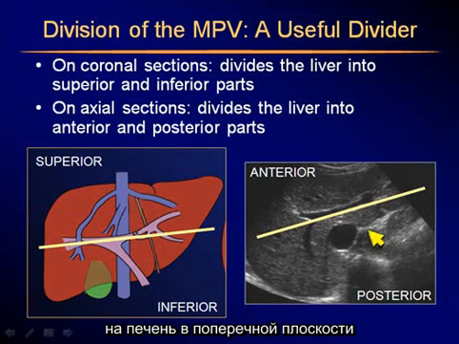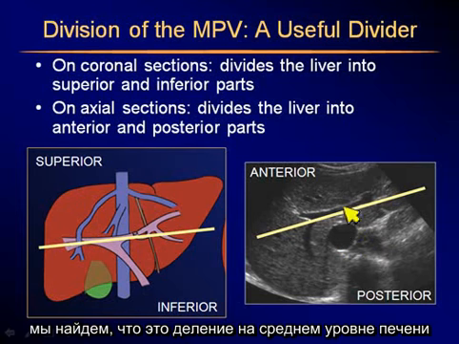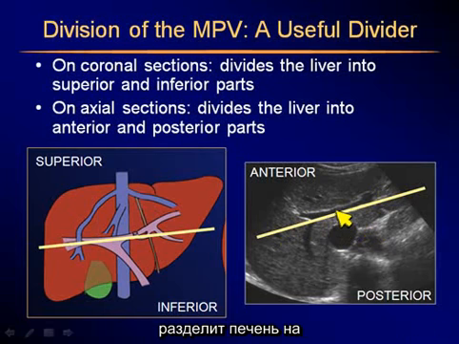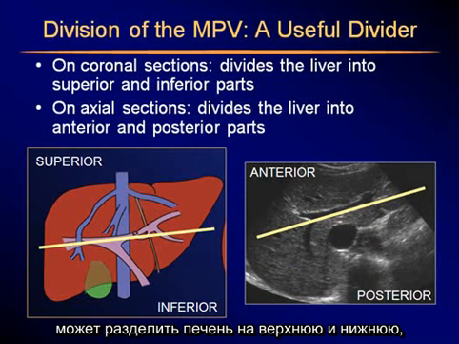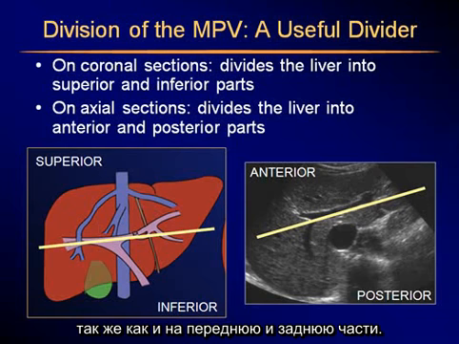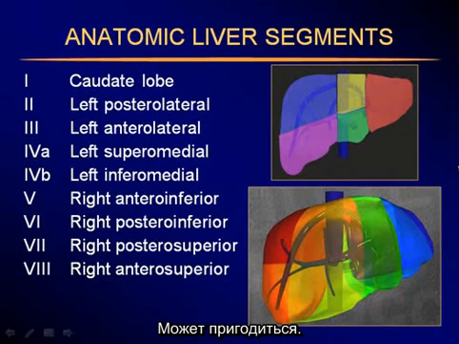If we look transversely, we slice up the liver, and we find that division in the middle of the liver, that will divide further into anterior and posterior segments. So the same vein, a tubular structure, can divide things into superior and inferior, as well as anterior and posterior. So it becomes useful.